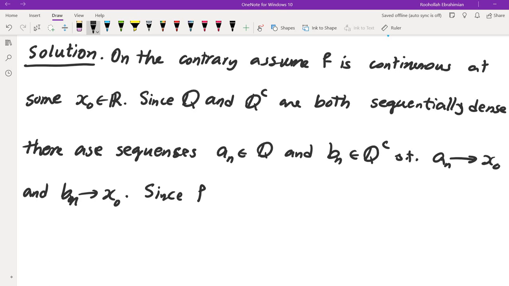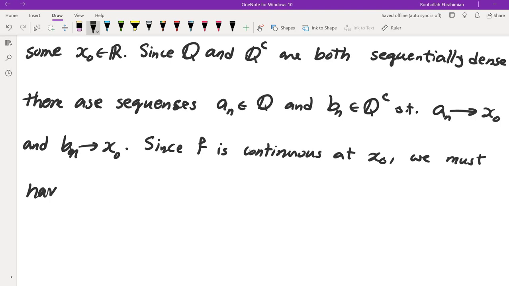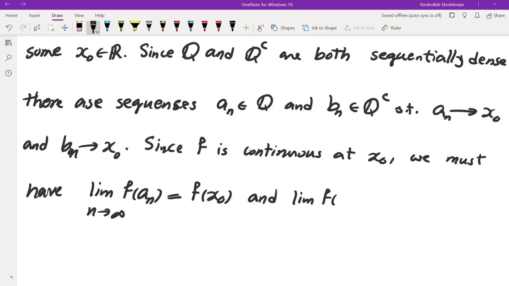Since f is continuous at x naught, we must have the limit of f of a_n equals f of x naught as n approaches infinity, and also the limit of f of b_n is f of x naught as n approaches infinity.